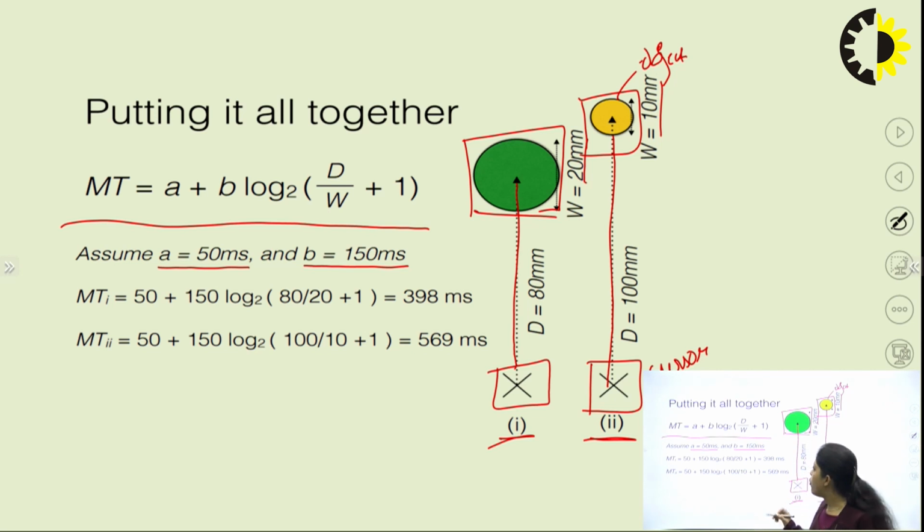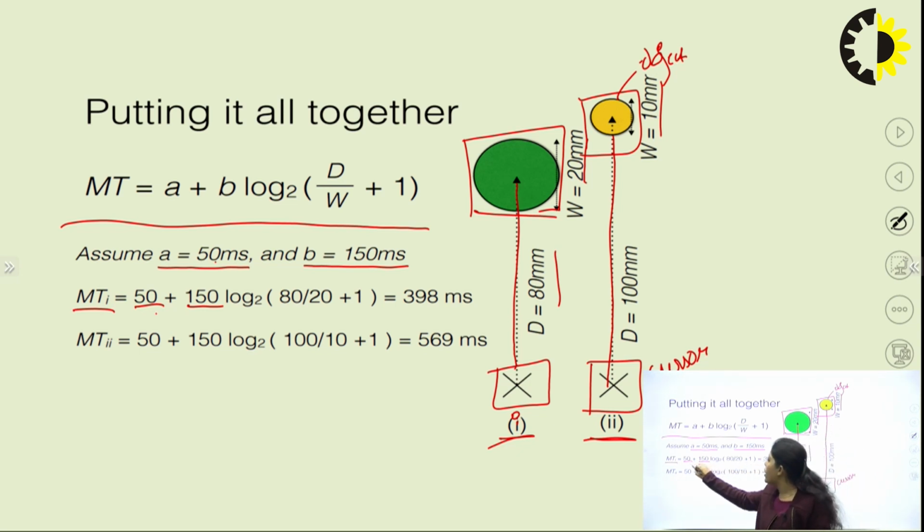For calculating image 1, let's assume a is equal to 50, and in the position of b we can put 150, so b is 150 log base 2. D is the distance, so the distance in image 1 is 80 mm, divided by W, and W is equal to 20 mm.